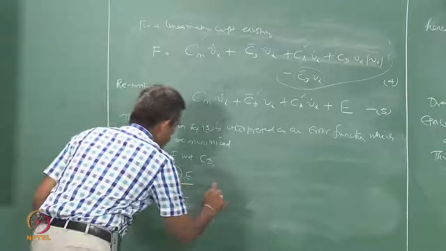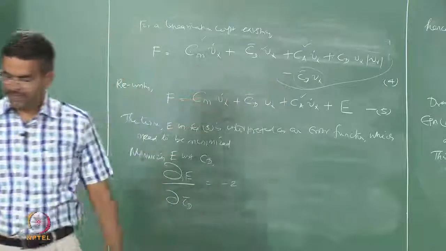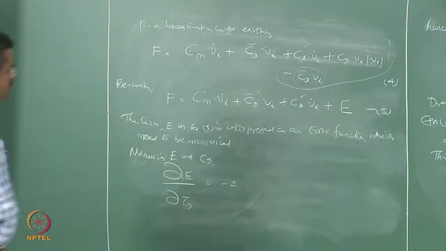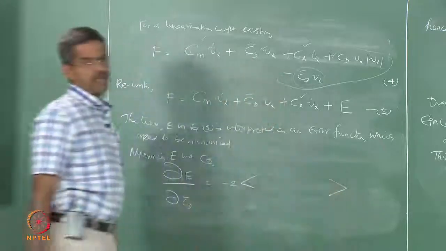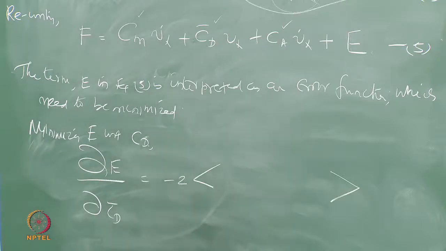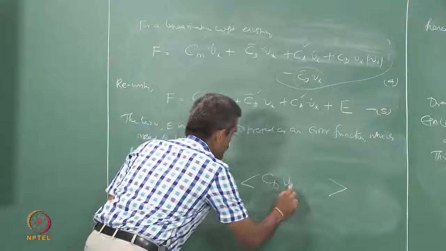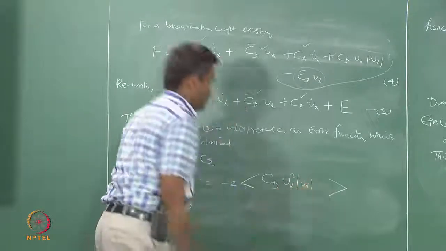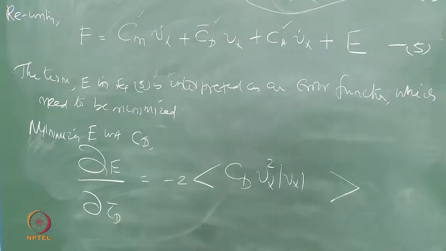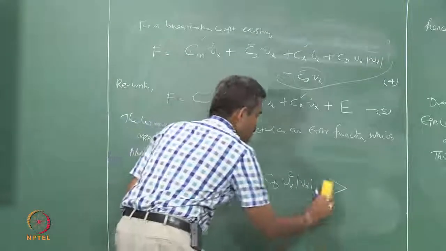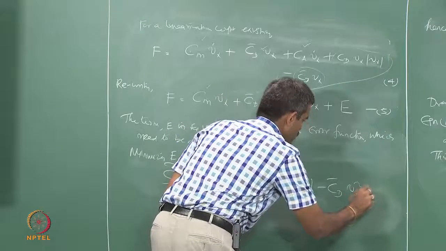which is given by negative 2 of, there is a negative term here, time average of, the symbol indicates time average of CD Vx square minus CD bar Vx square.